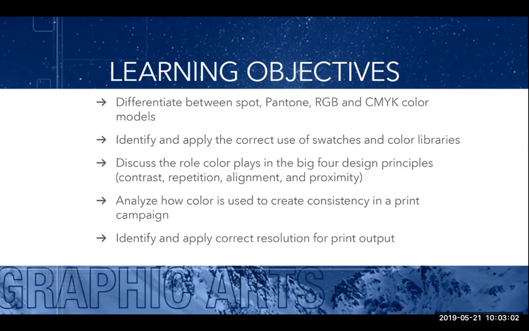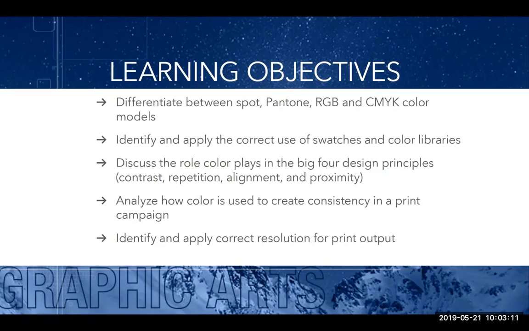That's going to be directly with the assignment for this week. Number 3, discuss the role color plays in the big 4 design principles: contrast, repetition, alignment, and proximity. Number 4, analyze how color is used to create consistency in a print campaign. And number 5, identify and apply correct resolution for final print output.